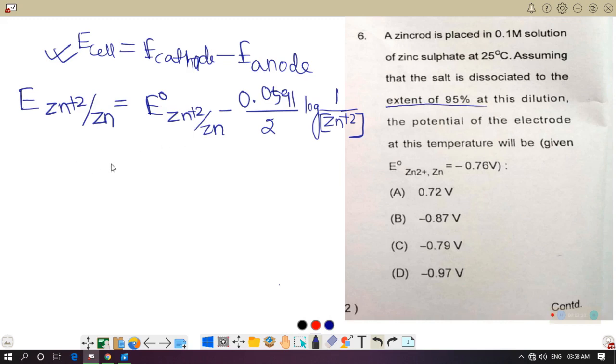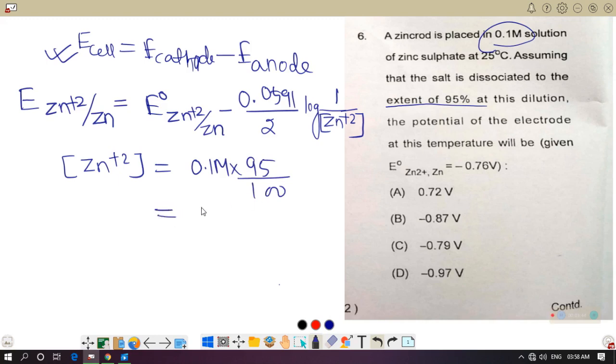Since the initial concentration is 0.1 molar, what will be the final Zn2+ concentration? It is 95% of 0.1 molar, so 95 divided by 100 times 0.1, I will get 0.095 molar. So this is the value required to solve the question.